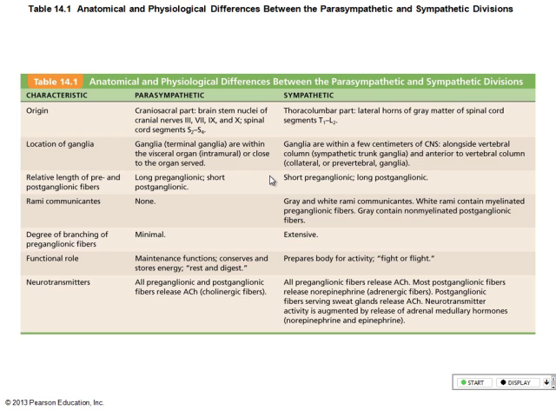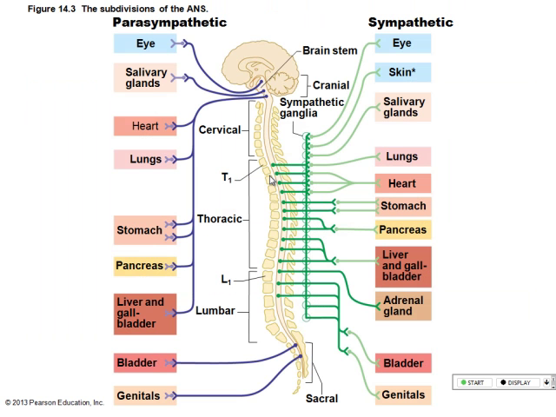On page 529 in your textbook, table 14.1, we see some of the different physiological differences between the parasympathetic and the sympathetic divisions of the autonomic nervous system. Now, I'm not going to make you memorize this, so don't panic.